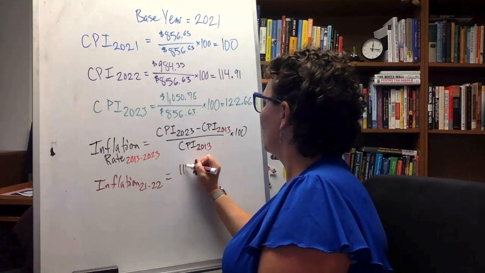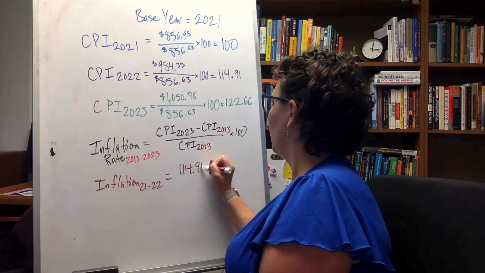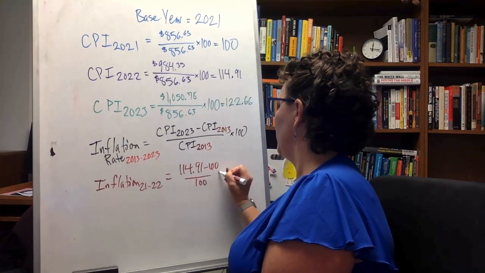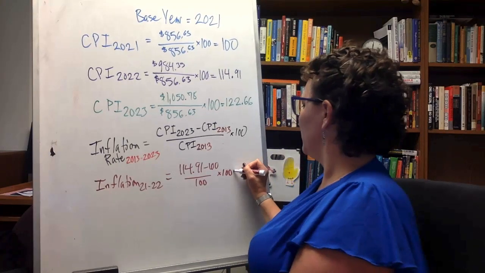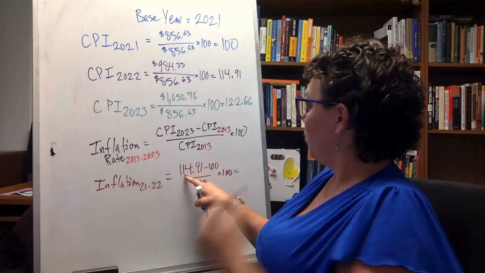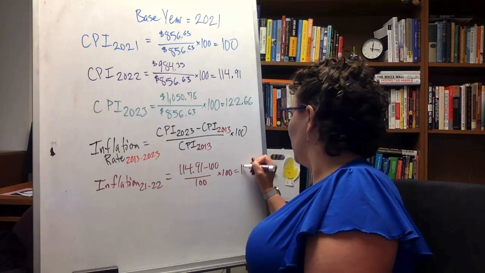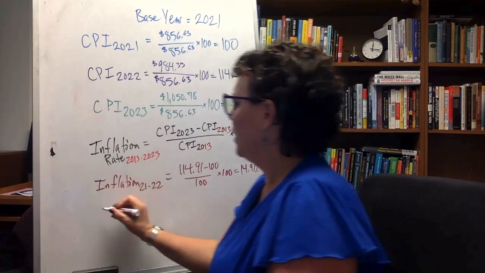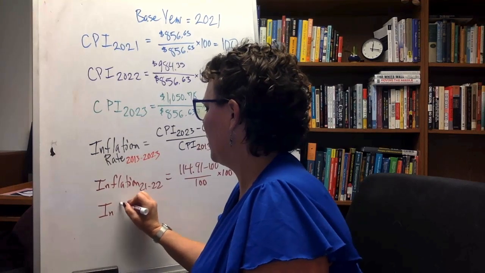So we're going to say 114.91 minus 100 divided by 100 times 100 to get it to a percentage, because what we'll get is 14.91% inflation.